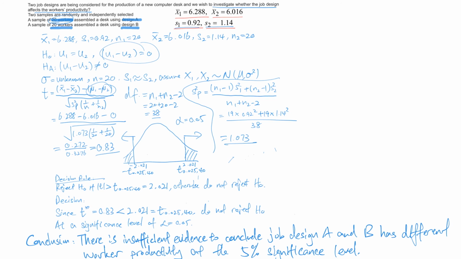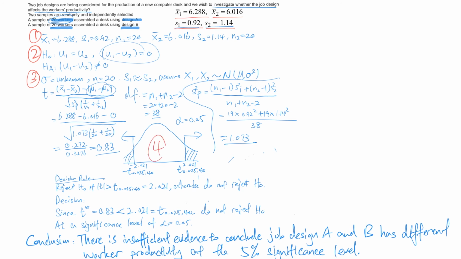So just to summarize your test statistic at the very end. Just to recap, I'll use a different color. We have step 1, state our data. Step 2, state our hypothesis. Step 3 is to state our test statistic and any assumptions.